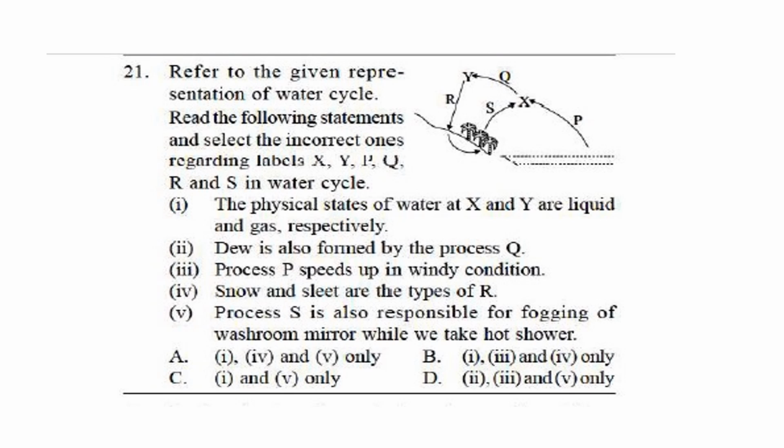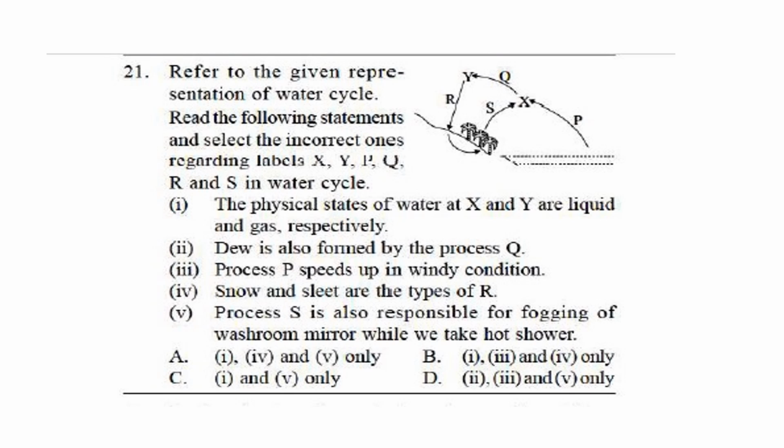Dew is also formed by the process Q. 3. Process P speeds up in windy condition. 4. Snow and sleet are the types of R. 5. Process S is also responsible for fogging of washroom mirror while we take hot shower.